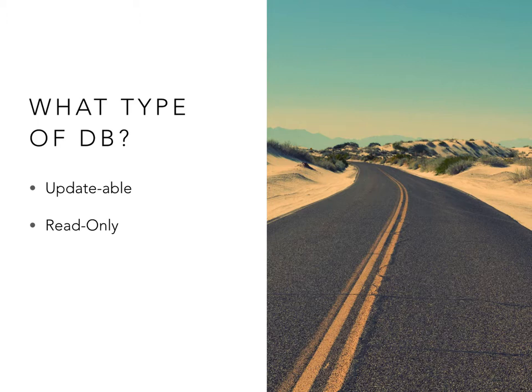So in that case, we might want to be less normalized because we'd rather have speed than reduce all redundancy and modification anomalies, because our usage is one in which we never change it. Does that make sense? So if it's a read-only database, then we may not want to use BCNF and normalize that much.